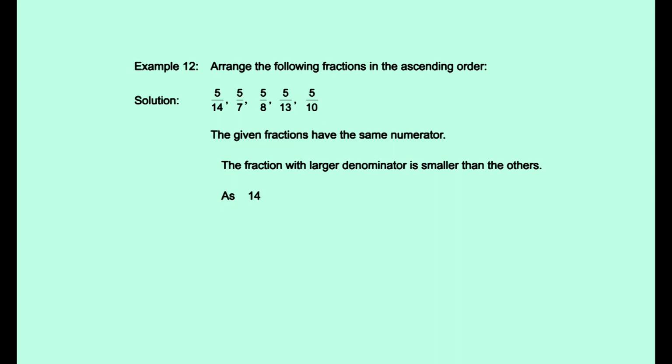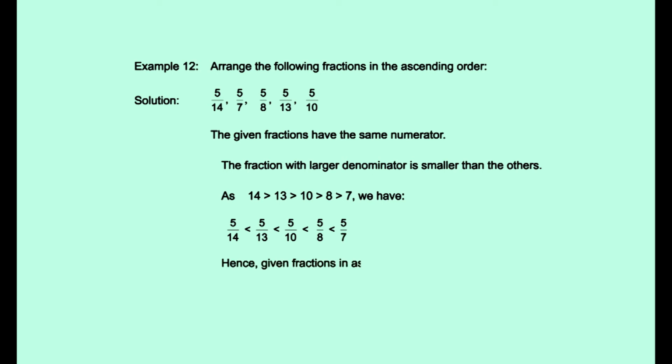As 14 is greater than 13, is greater than 10, is greater than 8, is greater than 7, we have 5 by 14 is less than 5 by 13, is less than 5 by 10, is less than 5 by 8, is less than 5 by 7. Hence, given fractions in ascending order are 5 by 14, 5 by 13, 5 by 10, 5 by 8, 5 by 7.